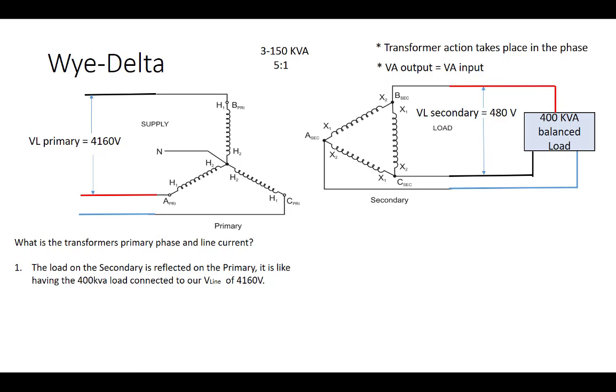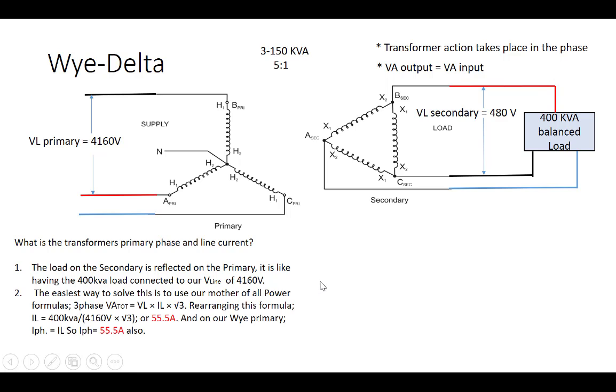And it is like having that load connected to our line voltage of 4160 volts. So if I wanted to find the primary phase current, the easiest way, again, is just use our mother of all power formulas. VA total is V line times I line times root 3. We're looking for I line. We know the other values in this formula.